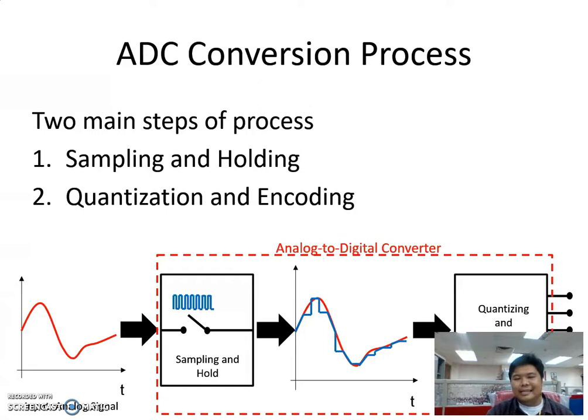The next step is quantizing and encoding. That means we quantify our signal value and encode it so that we know the binary that represents that value.